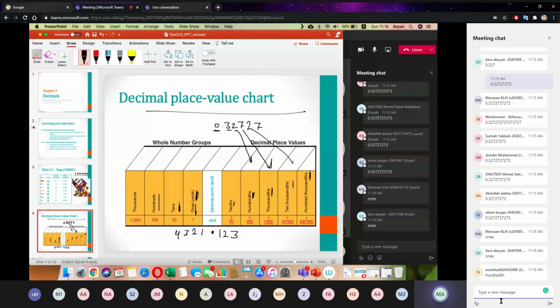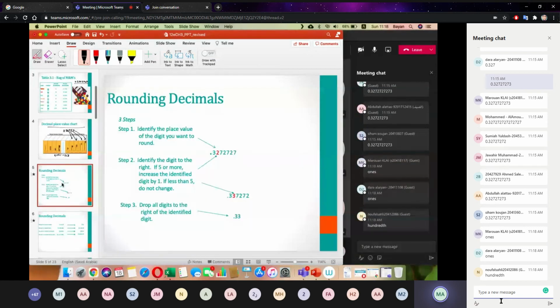This is the decimal placement. Here we have this value. It's the answer of what? Dividing 18 over 55. Oh, it's a big number. Make it small. So 18 over 55 will give you 0.3272727.